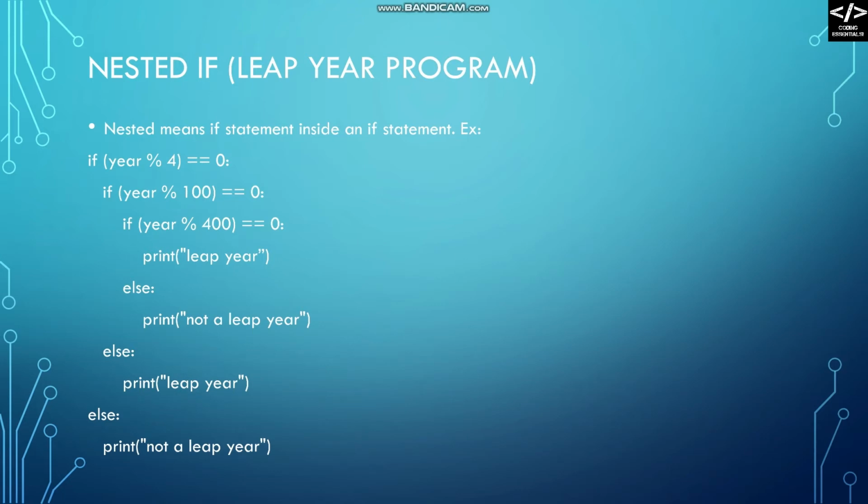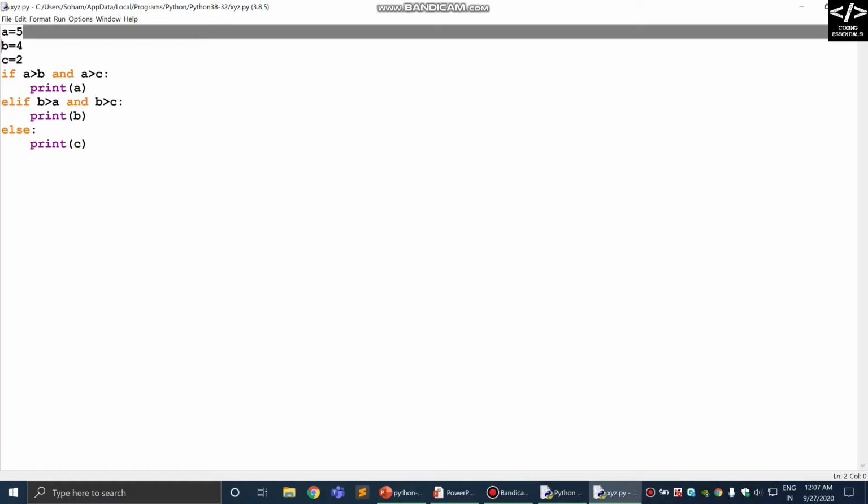Then again we will check if the year is divisible by 400. So basically we need to check first if the number is divisible by 4. Then if it's divisible by 100, then it's not a leap year. But if it is divisible by 100 and by 400, then it is a leap year. So let me show you in the script.